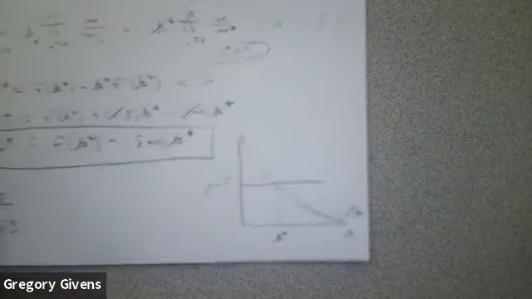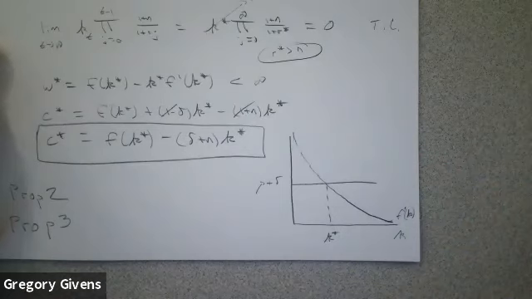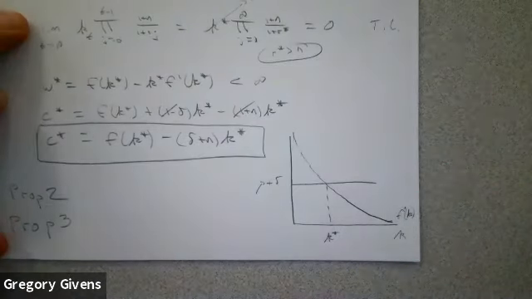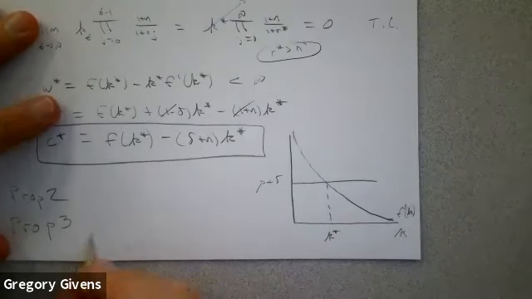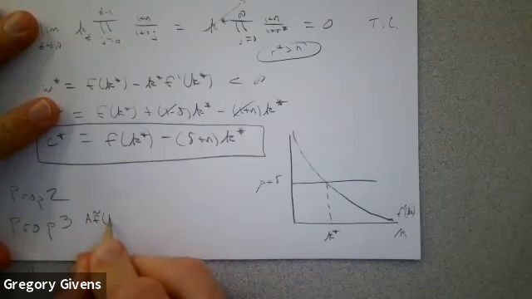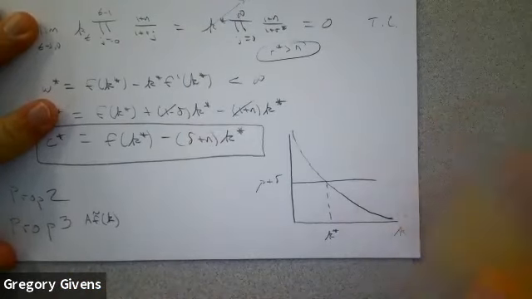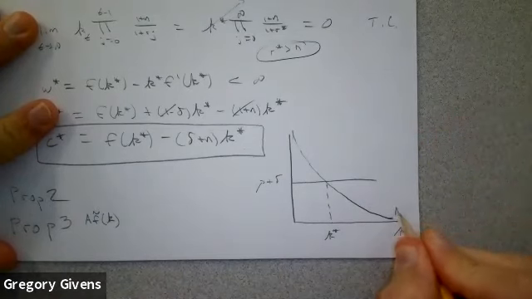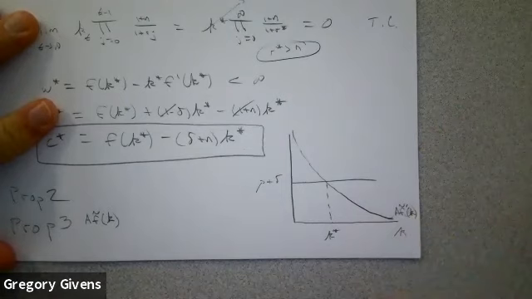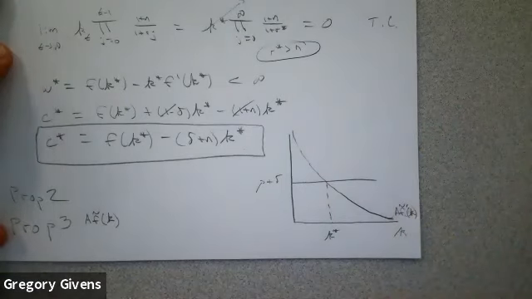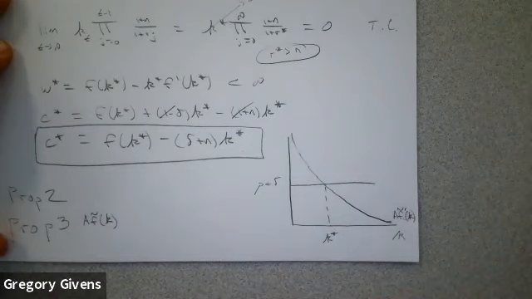Proposition 3 concerns some comparative static results. Imagine we transform the production function to look like this, A times f tilde of k, so that we can reinsert technology into the production function. Let's do some comparative statics, but I don't want to do any math.